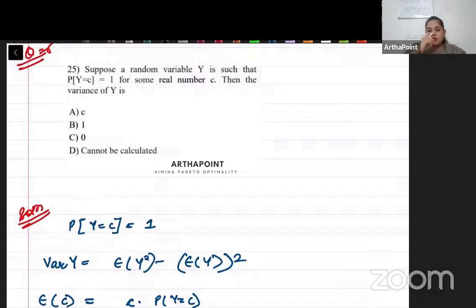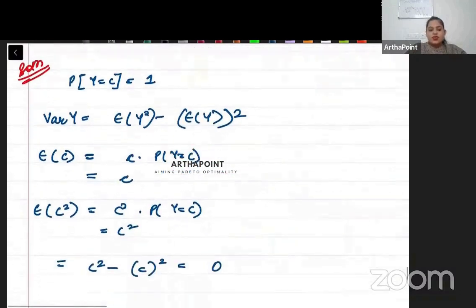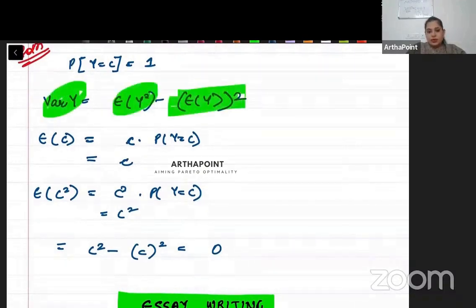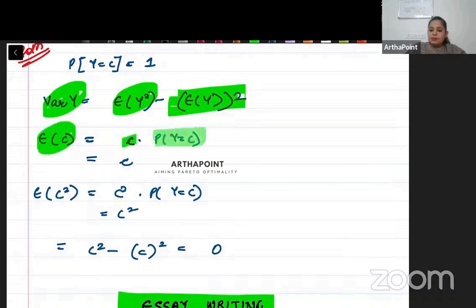Suppose a random variable y is such that probability of y equal to c is 1, then variance of y is? Variance of y is E of y square minus E of y whole square. In this case, E of c will be c times P(y equal to c), and P(y equal to c) is just 1. So E of c will be c.